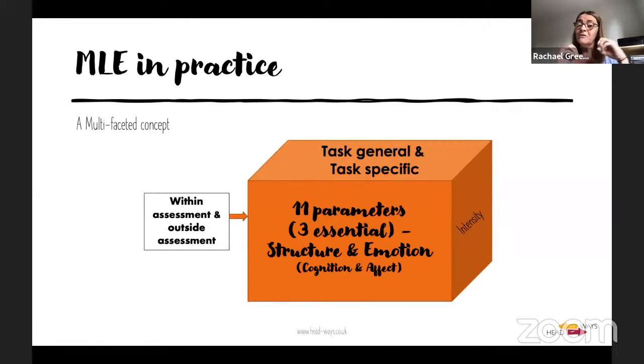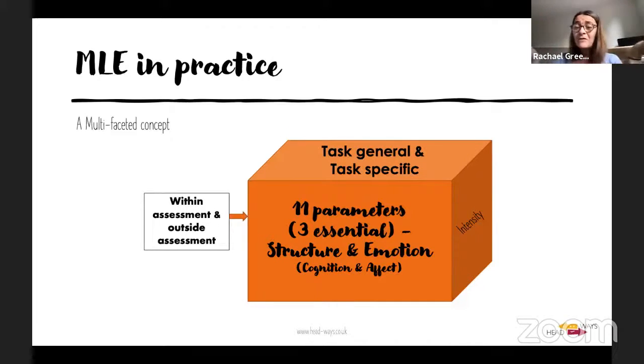Cognition and affect, the structure of thinking and the emotional aspect of learning, are core to what you're trying to achieve in mediation. Do I need to support how they're thinking or how they're feeling about the learning? That's what we're trying to think.